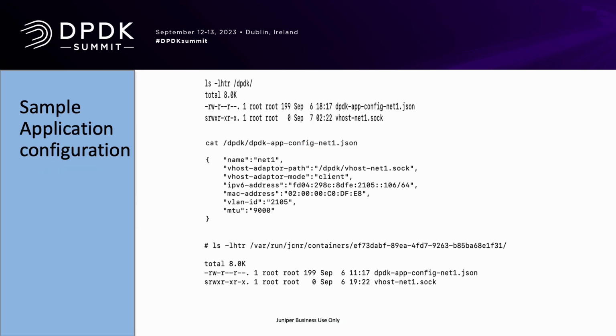Now inside the pod, when you do ls on the DPDK volume mount, you will see the DPDK app config net1.json. This is the application configuration which we pass in for the DPDK application to use. There are multiple different ways to do this. You can do this via a downward API, which is also supported by us.